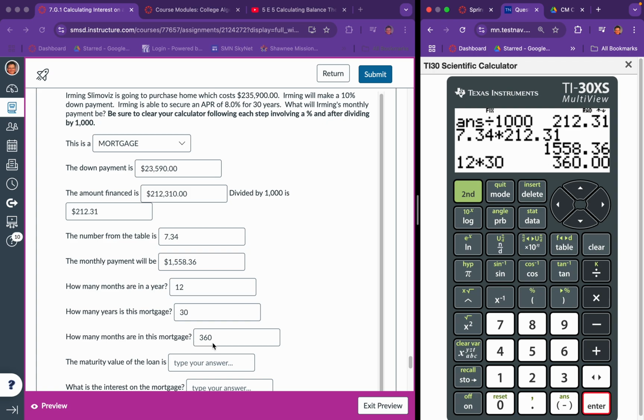So we're going to make 360 payments in the amount of $1,558.36. So we're going to take 360 payments, and we're going to multiply it by 1,558.36.